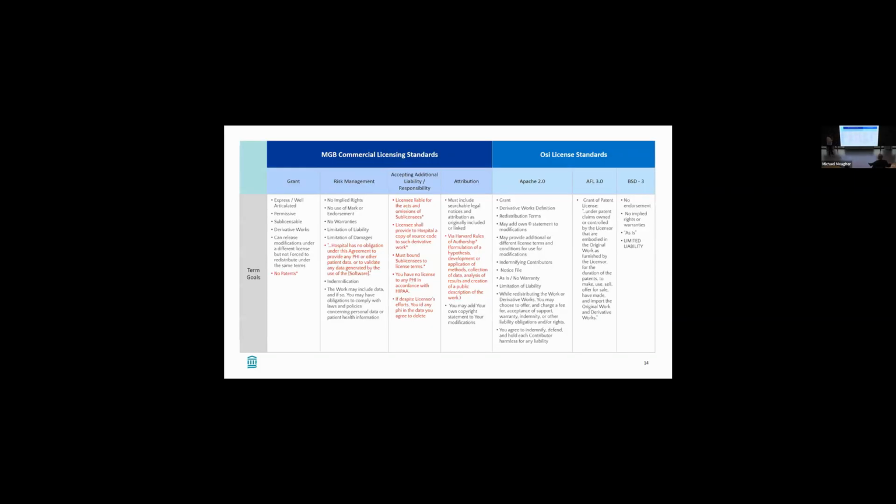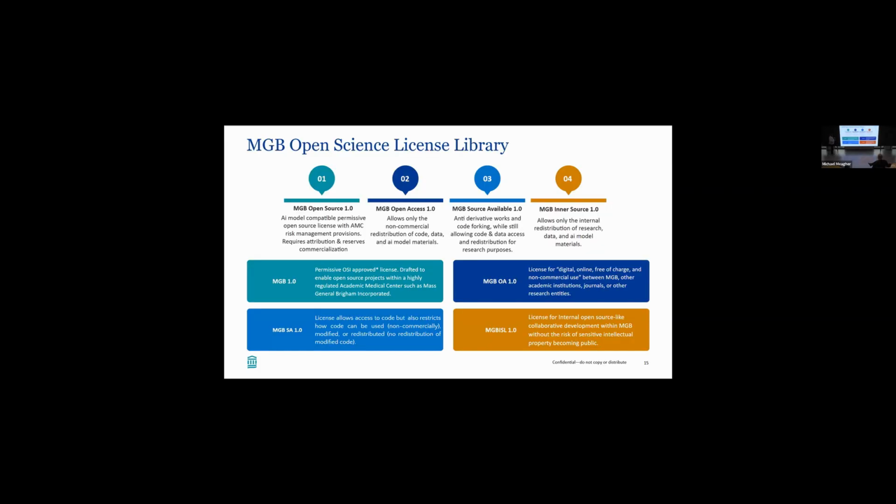This is a schematic of how we built the licenses. The things in red are things we were really passionate about that, in working with the OSI, we realized weren't really possible. But I'll skip to the end and where we ended up with these 4 licenses. We have our MGB Open Source 1.0 license, which is an AI-model-compatible permissive open source license with risk management provisions, and it requires attribution, a huge part of what we want to accomplish.